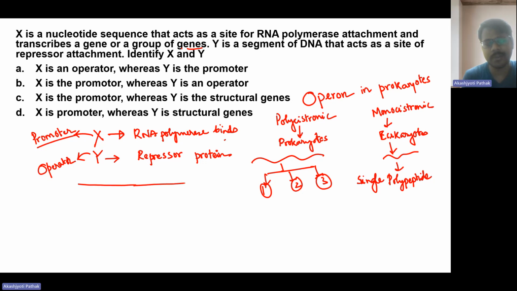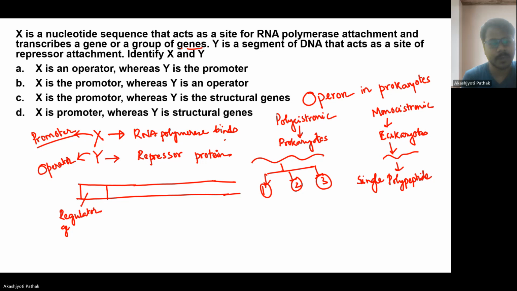If you look at the structure of an operon, first there is a regulator gene. Basically, this regulator gene codes for either a repressor protein or an activator protein.